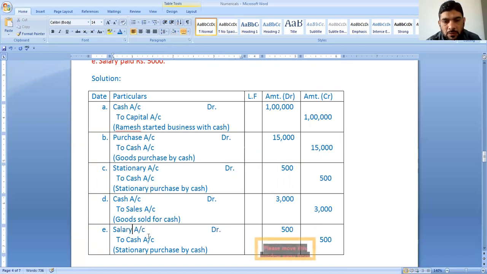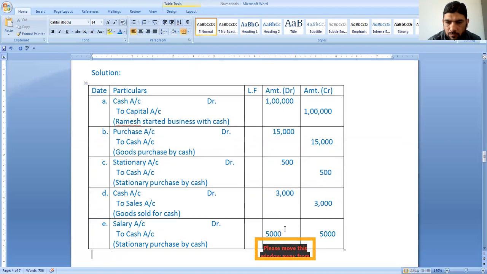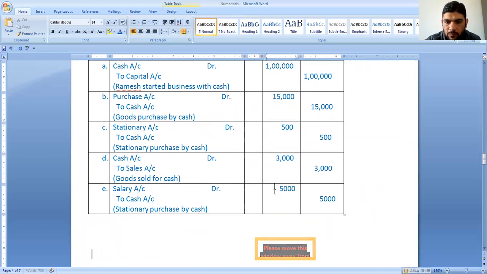Salary account will be debited to cash account and salary is having 5,000, and it may be written as salary paid by cash.